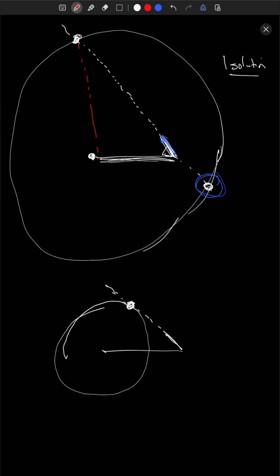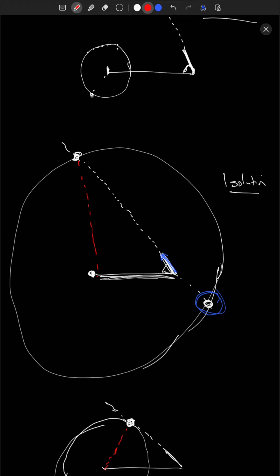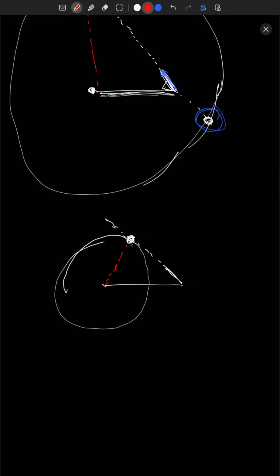Then there's only one possibility. In this situation, the dotted line is tangent to the circle. The picture is neither inside, like this second example, nor outside, like the first example, but kind of in-between, it just touches. So there's one solution here.